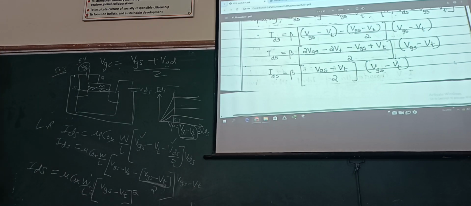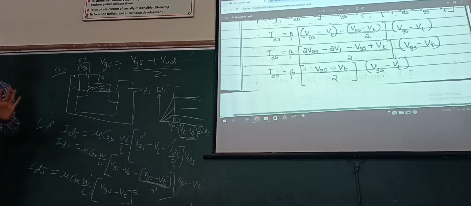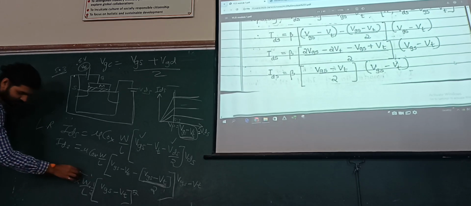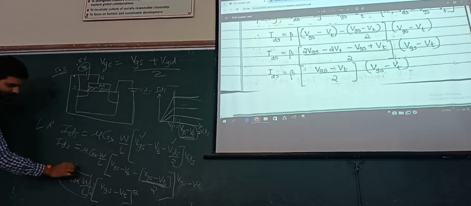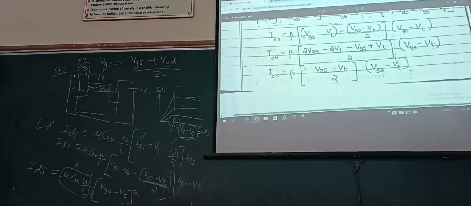Okay, and for simplicity, what do they do? This whole term, they will call it beta. What is beta? This whole term, mu into Cox into W by L, is beta.